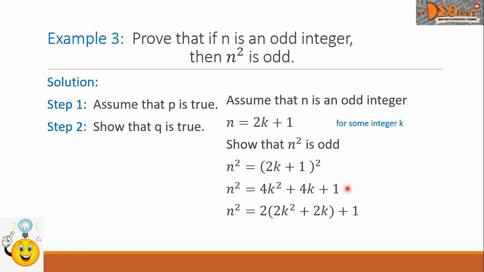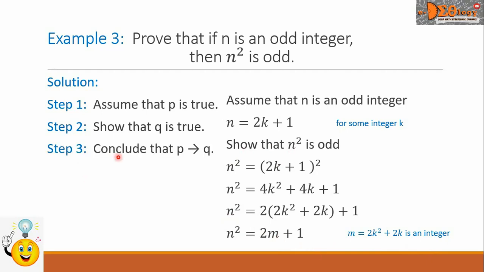Then we'll just copy this plus 1 down here. This 2k squared plus 2k can be represented by a single variable. Let's say m. So n squared is now expressed as 2 times m plus 1, where m is equal to 2k squared plus 2k, and this is also an integer. So we're able to show that n squared here is an odd integer.